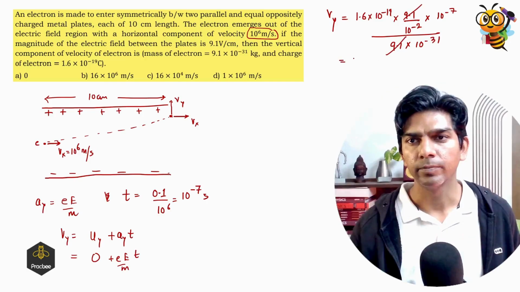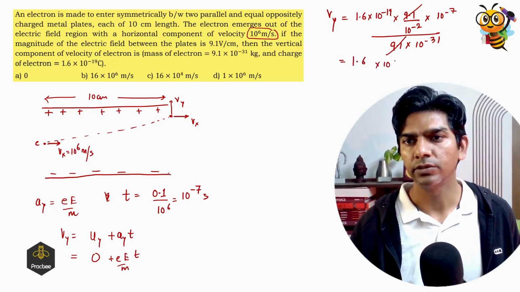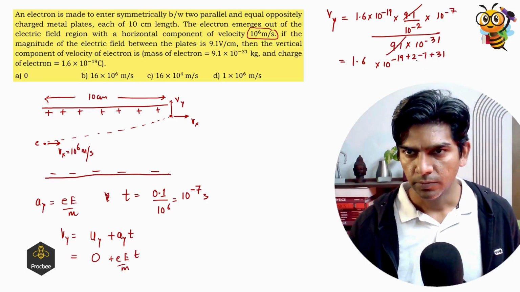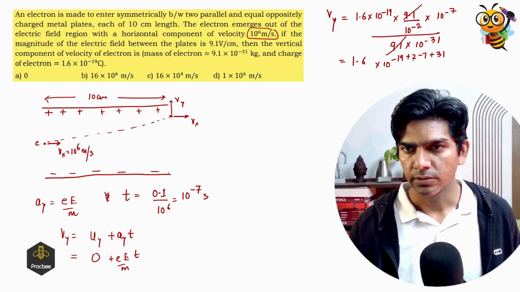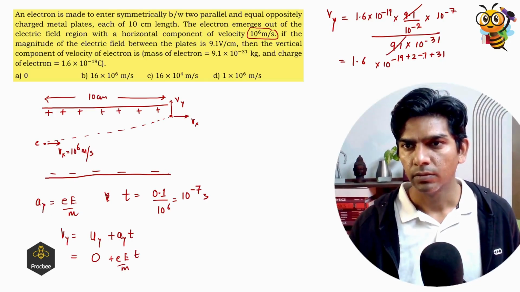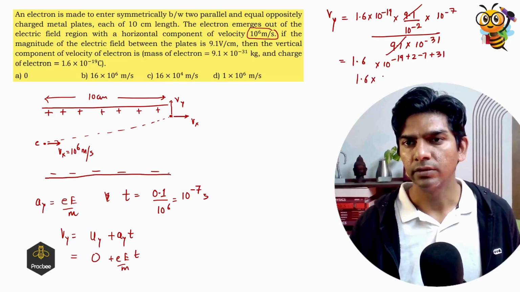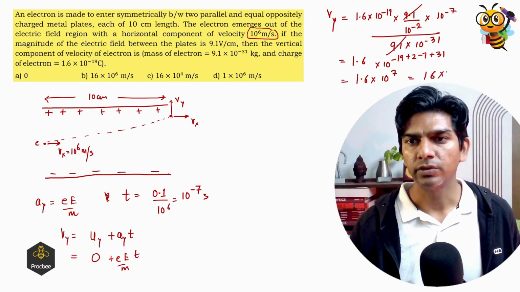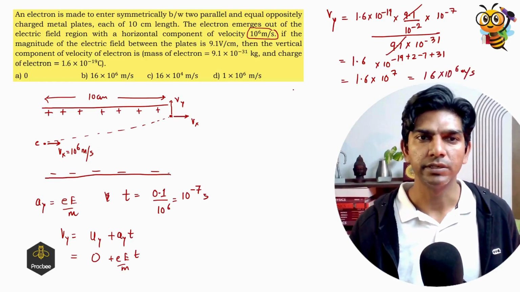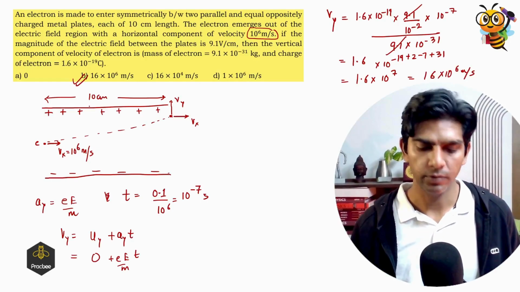So we are getting 1.6 into 10 raised to minus 19 plus 2 minus 7 plus 31. So this comes out to be minus 17 minus 24 and 7, so 1.6 into 10 raised to 7, which is 16 into 10 raised to 6 meters per second. So option B is the right answer.